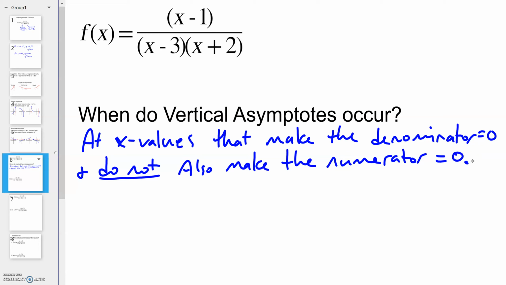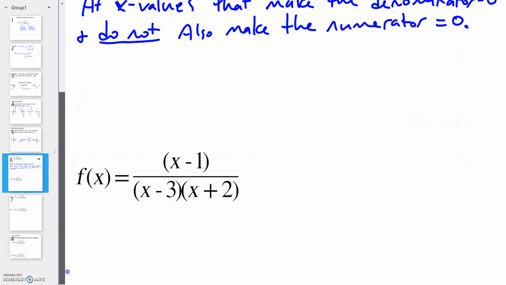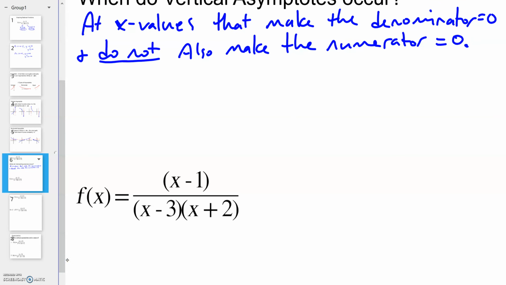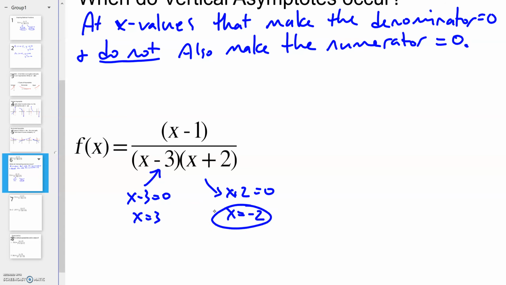But the big key is when I look at a function, like this function here, we are looking for what values make the denominator 0. Just like we did yesterday or the day before, we're looking for essentially what would make this an extraneous solution if I was solving. It's the same idea. We know that we cannot divide by 0. It's not possible.